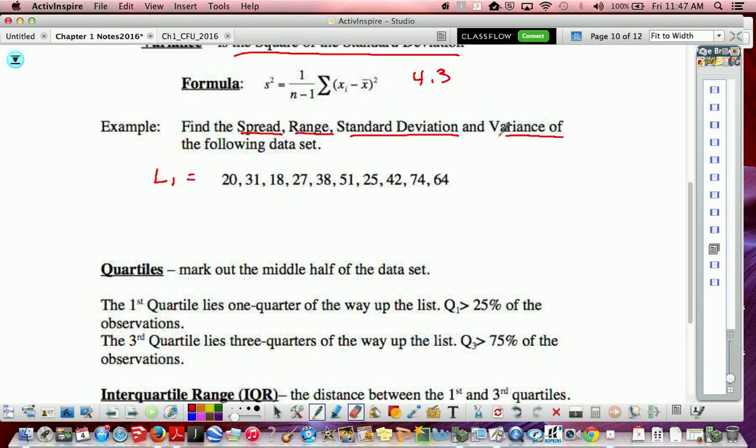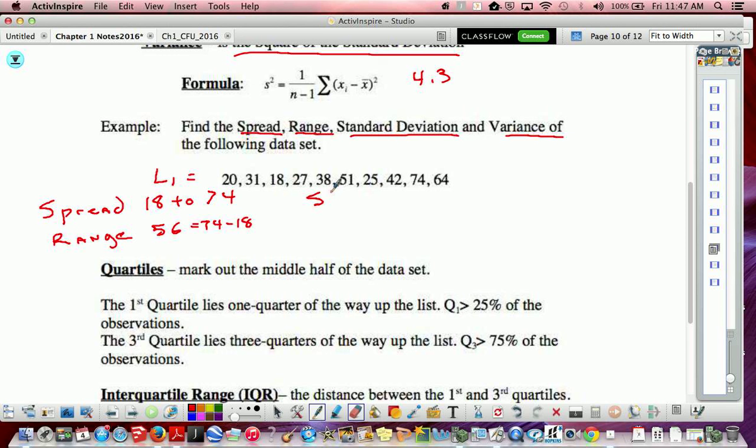Alright, hopefully for time's sake you have these all spread. What does this data go from and to? 18 to... thank you, range. 56, again you go 74 minus 18.